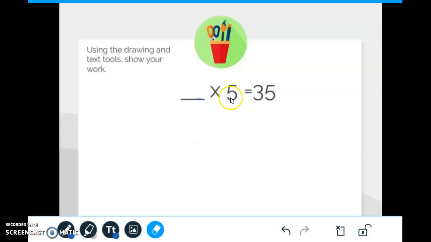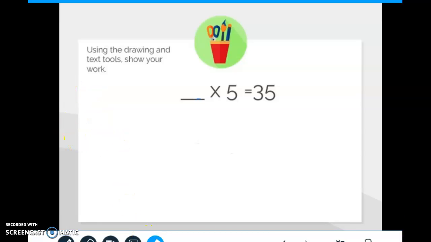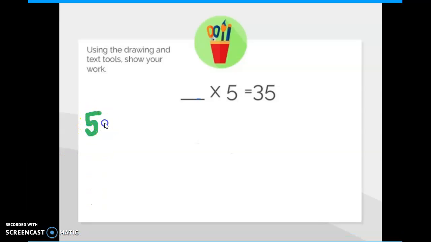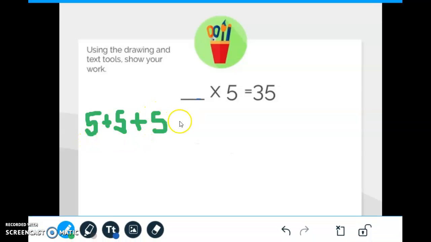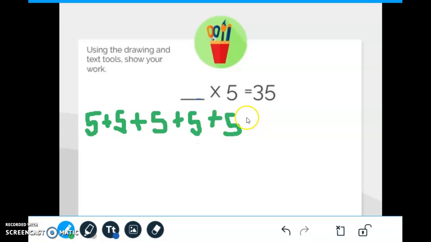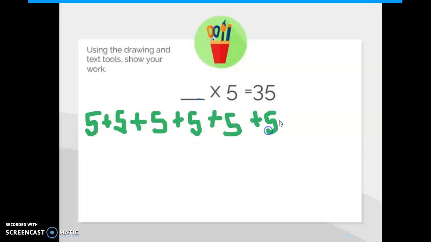I also could do, if you wanted to do repeated addition, you could add 5 plus 5 is 10, plus 5 is 15, plus 5 is 20, plus 5 is 25, plus 5 would be 30, plus 5 is 35.